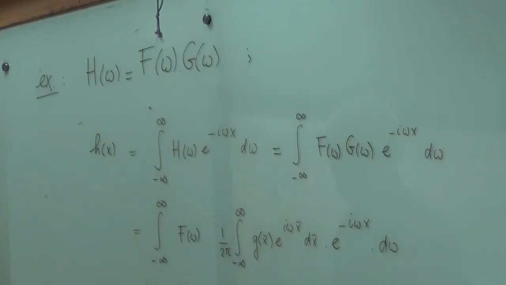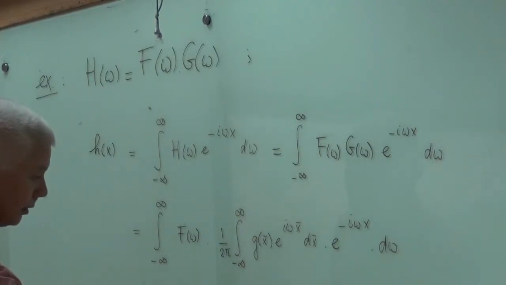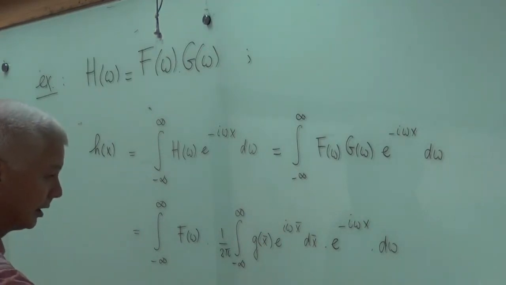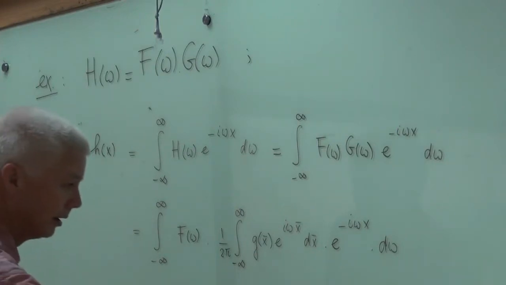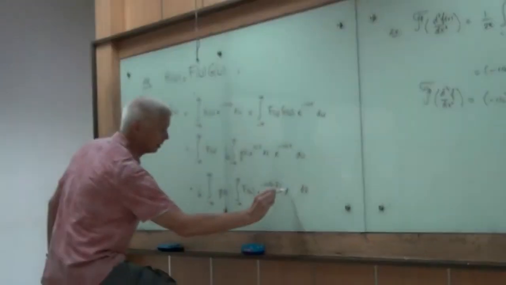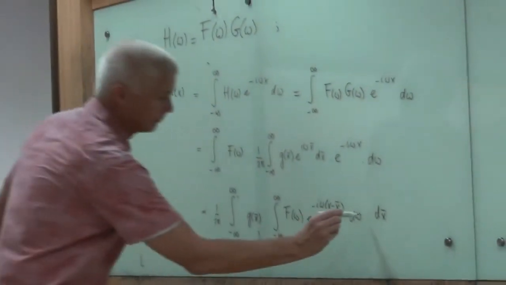I will get a g(x bar), then an integral from minus infinity to plus infinity of F omega e to the power minus i omega (x minus x bar) d omega.